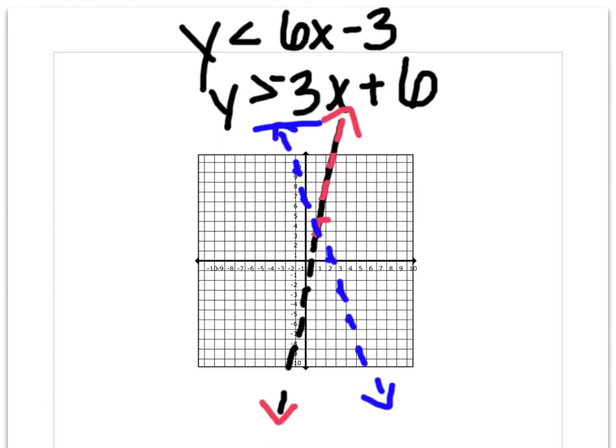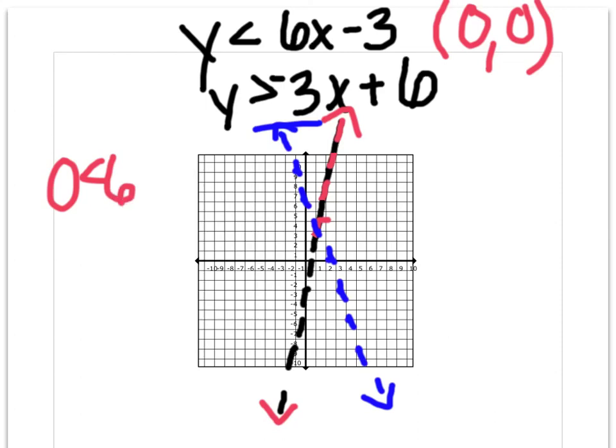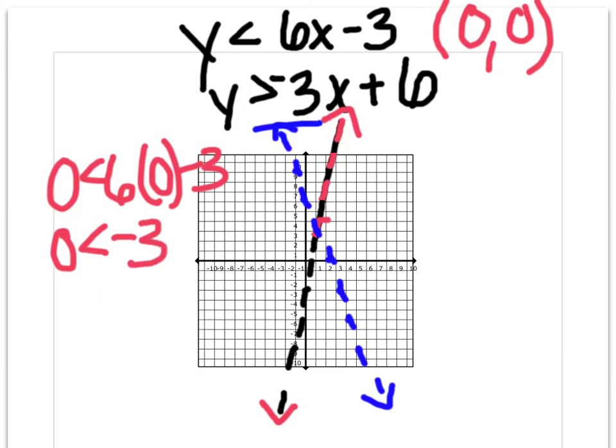Okay, so now we pick a point for this line, and since 0, 0 is not on this line, we can use it. So we would have 0 is less than 6 times 0 minus 3. So we'd have 0 is less than negative 3, which is not true, so we don't shade the side that 0, 0 is on. So we'd have this part shaded.